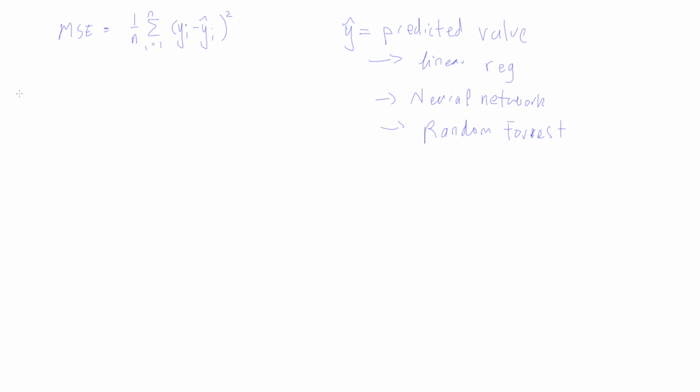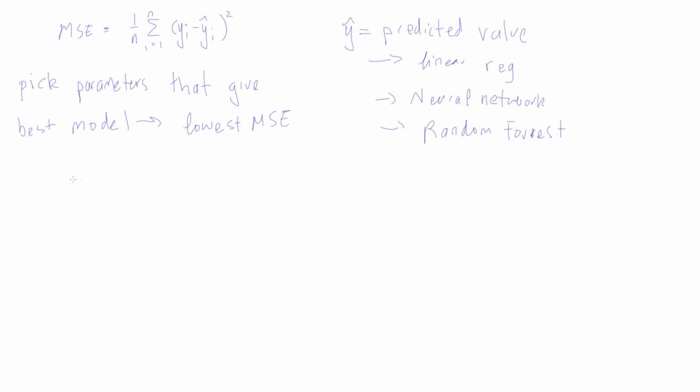Now, the last step in machine learning is to pick parameters that give the best model, which means lowest MSE.